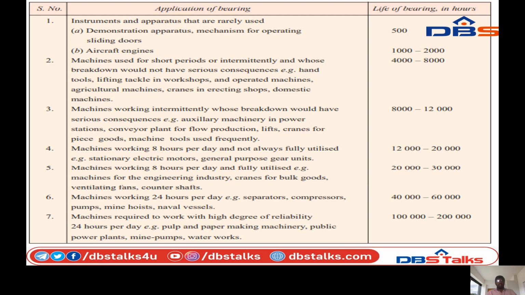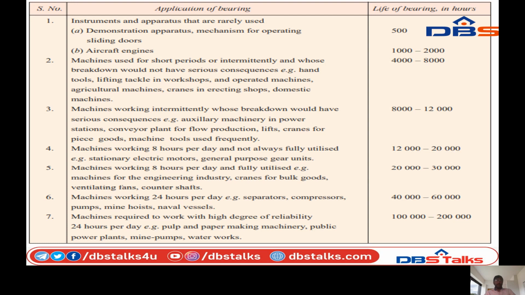What are these? Demonstration apparatus, mechanisms for operating sliding doors; the bearing life is 500 hours. Aircraft engines; the bearing life is 1000 to 2000 hours.